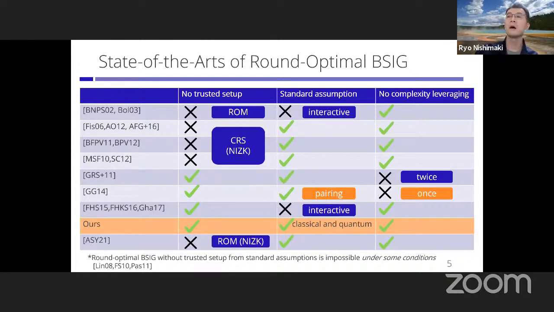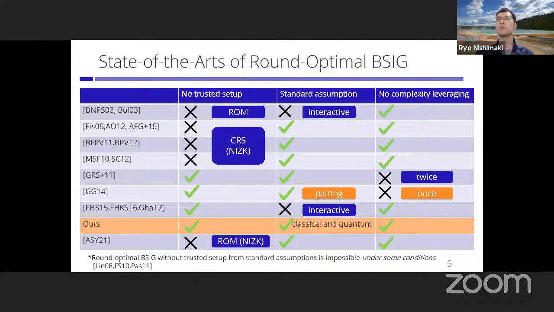Garg et al. overcame this impossibility result by using complexity leveraging. Their protocol uses complexity leveraging twice. Garg and Gupta also presented a round optimal blind signature protocol by using complexity leveraging.